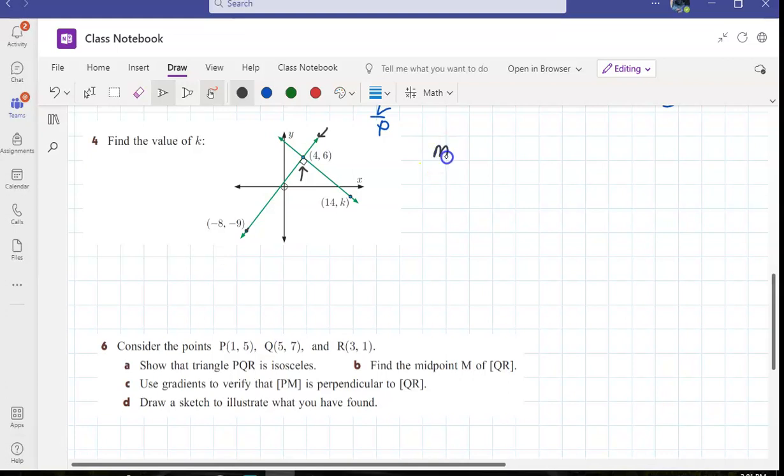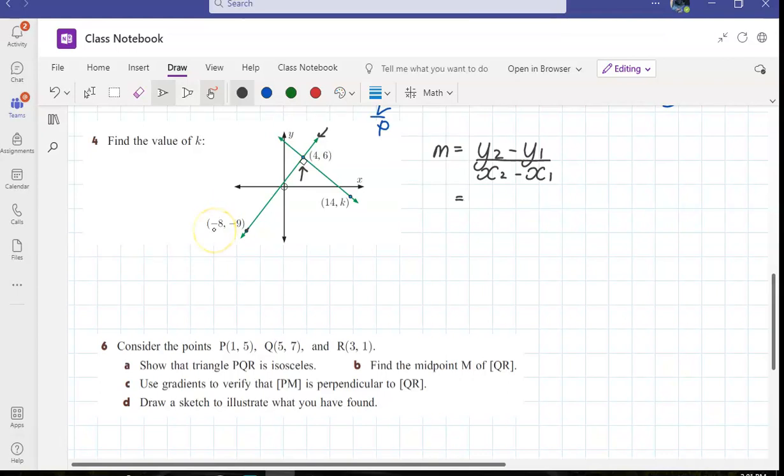So, we're going to go M, change in Y. Do you want me to write Y2 take Y1? Y2 take Y1? Yep. Happy to go with the flow. Now, you are labeling.